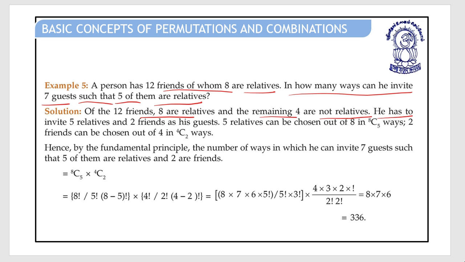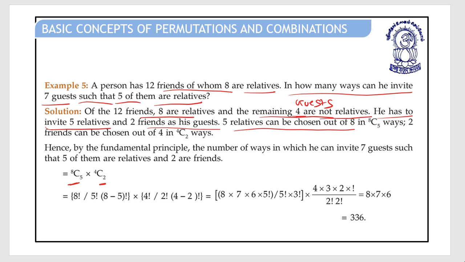Okay. So he has to invite 5 relatives. So 8C5, total number of relatives 8. And 2 friends as his guests. 4 are not relatives, so out of 4, 2 friends as his guests.